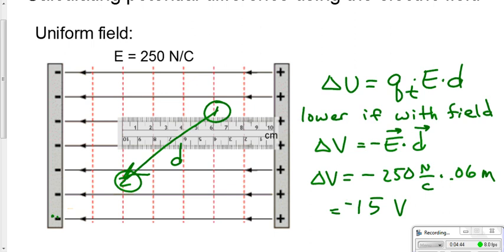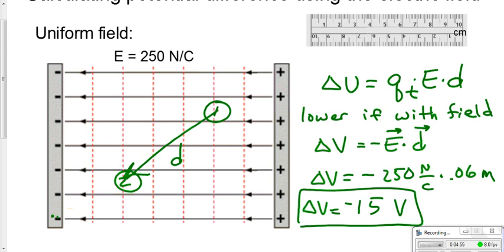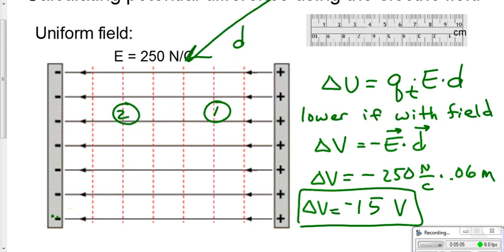I have to put the negative sign on there, don't forget that. So that is the potential difference between those 2 points. But because it's a nice uniform field, we would have gotten the exact same amount of potential difference even if my second location had been up here. So it's really all about what vertical line you're on in the case of this horizontal field.